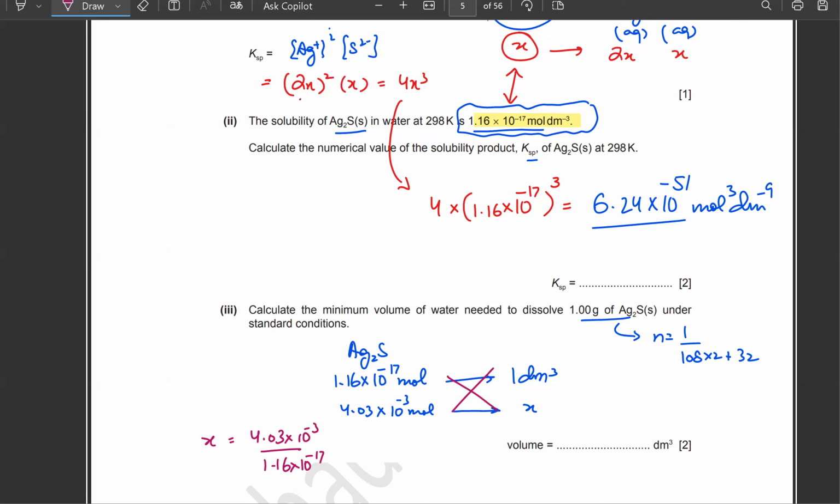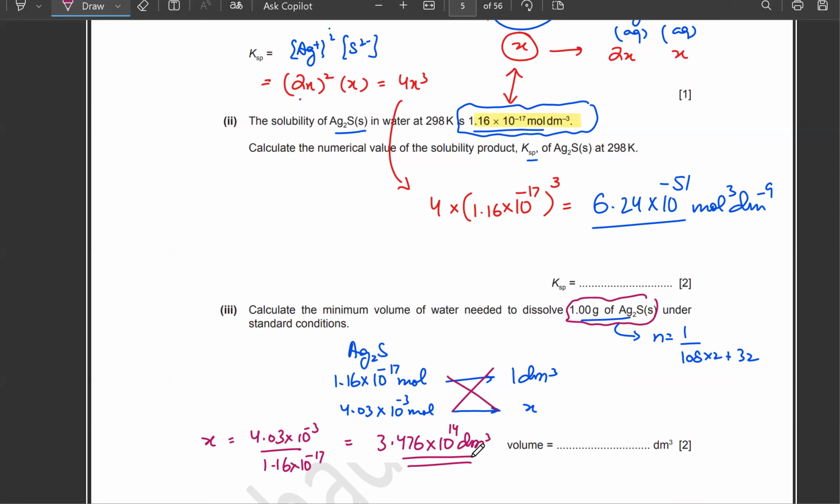So what are we getting? 3.476 multiplied by 10 to the power 14 dm cube.